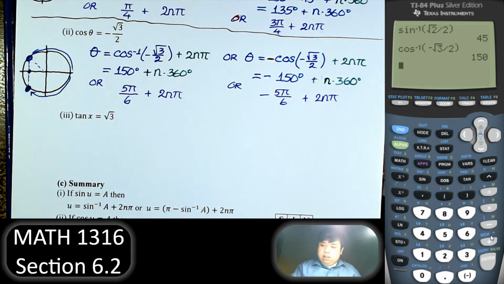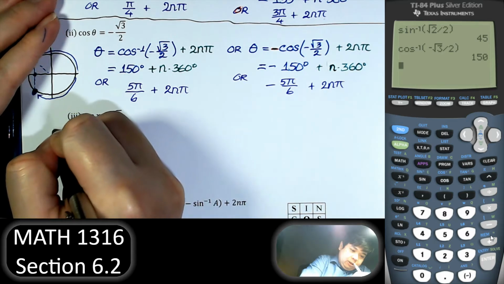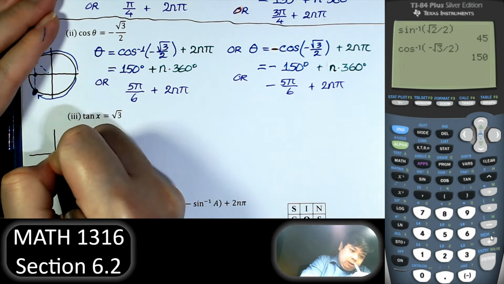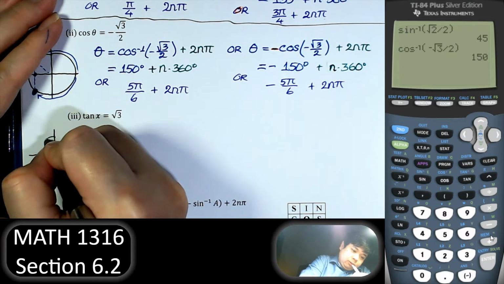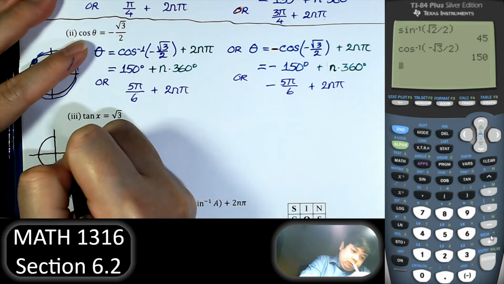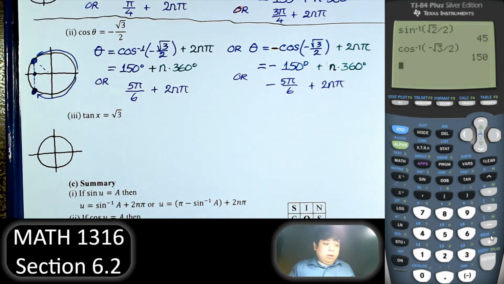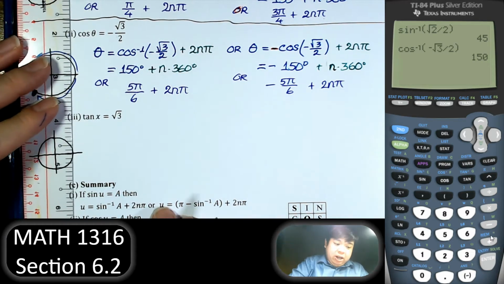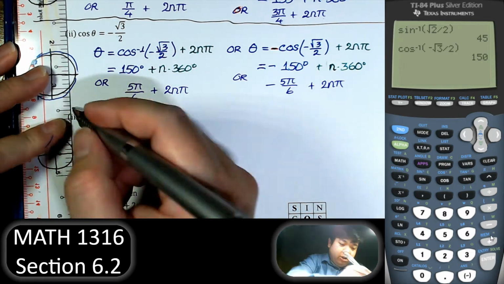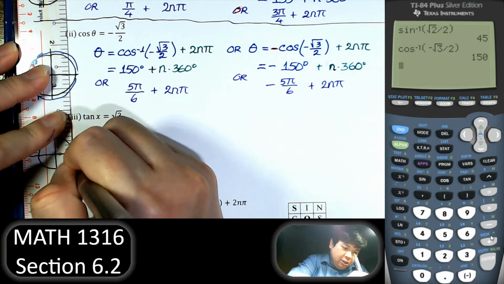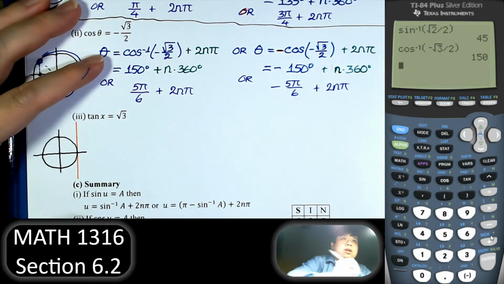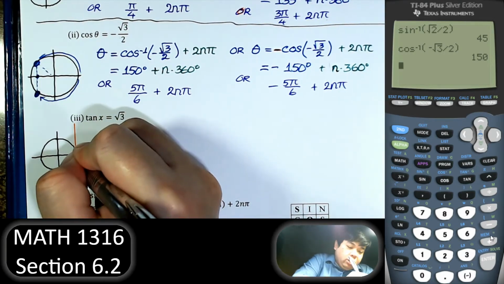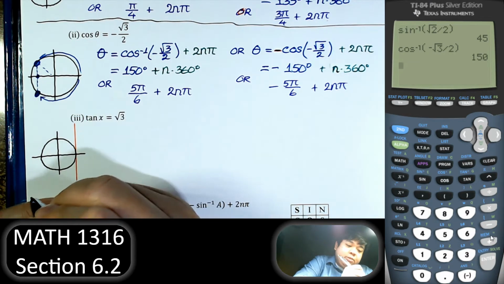Now for tangent, I did mention that the tangent axis is the one that is tangent to the unit circle at the point 1, 0.